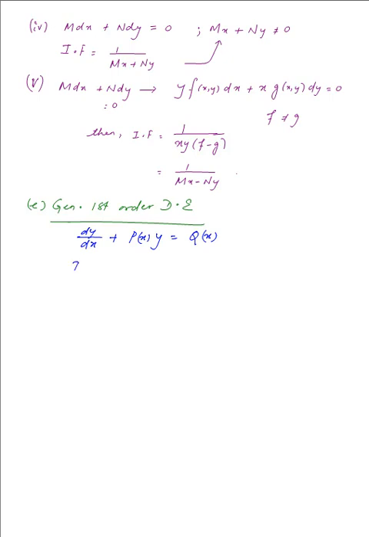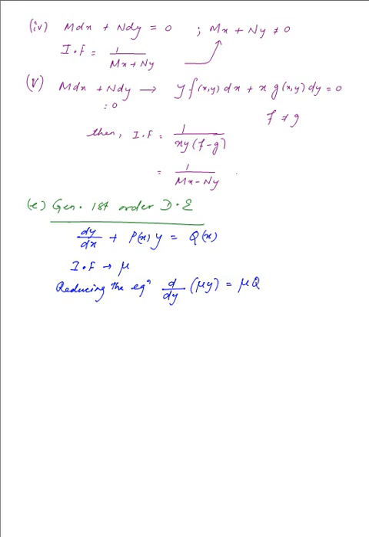Now we consider an integrating factor mu, which is multiplied to reduce the equation to the form d by dx of mu y equal to mu q.